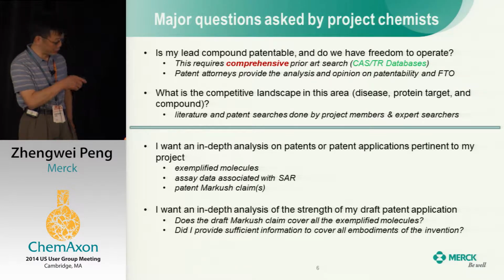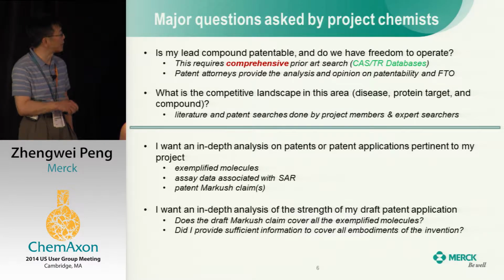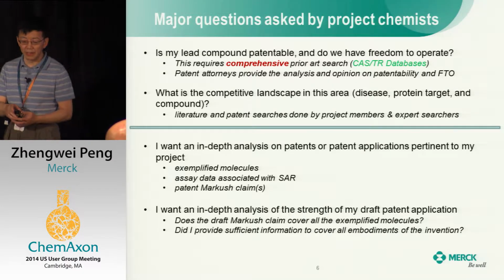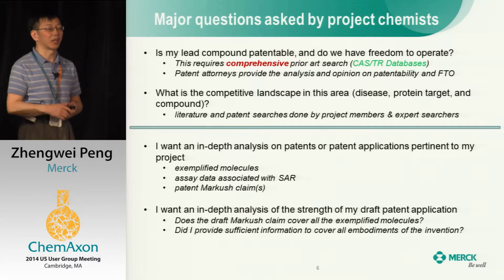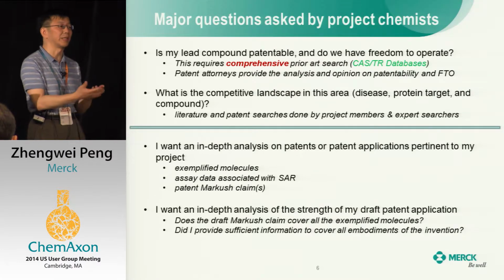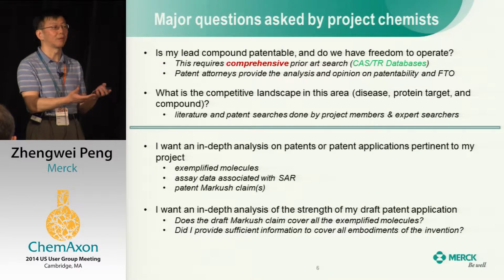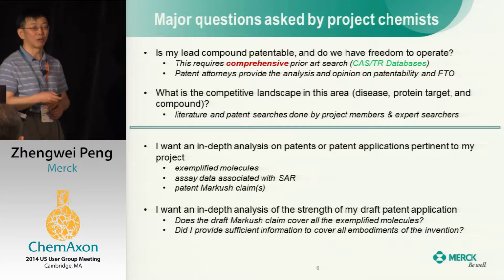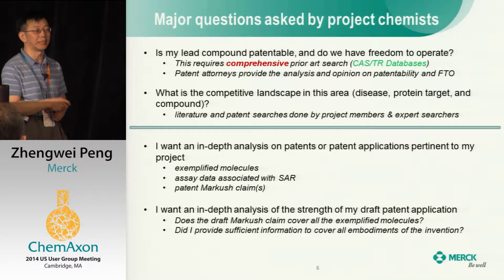But there's also a different kind of request from the project team. When a competitor's patent is published, each project usually has one or two medicinal chemists who follow the patent literature carefully. As soon as a patent is published, they read it and say, no problem, set aside. But once in a while, a black swan will show up: oh, so close to the project lead series.